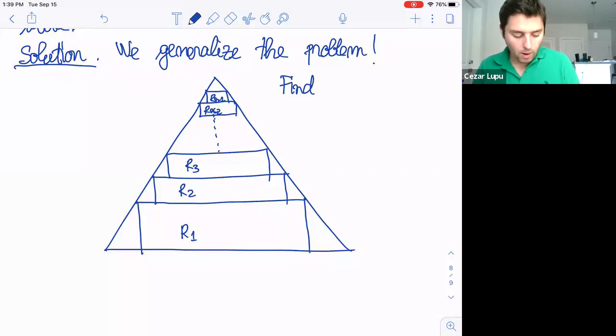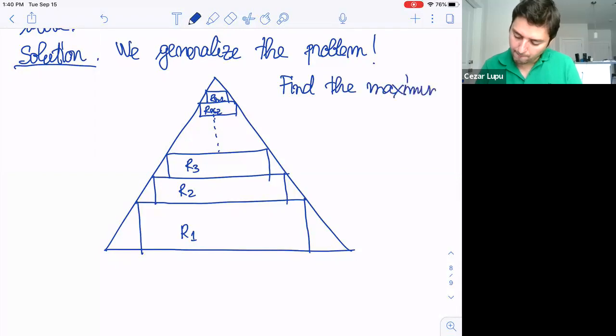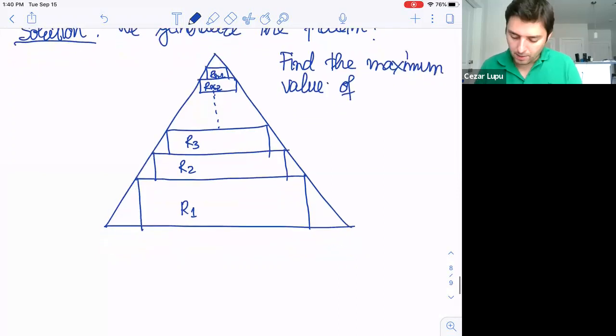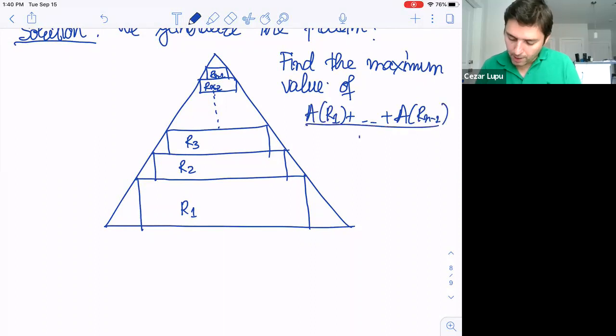Okay, and now we want to find the maximum value of the following expression: A of R1 plus A of R n minus 1, everything over A of T, right? For n greater or equal than 2.